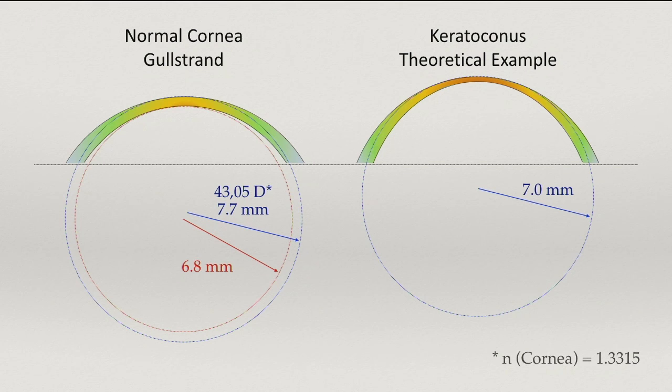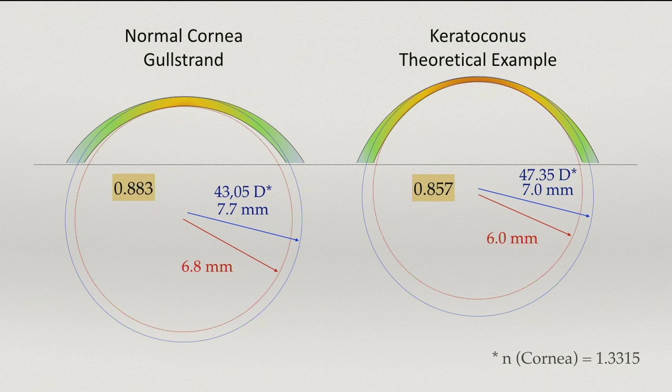In keratoconus, we have a steeper anterior surface of the cornea and an even steeper posterior one. In this theoretical example, it goes from 7 to 6. So in a normal eye, I would have a ratio of 0.883, and in a keratoconus eye, I would have a ratio of 0.857. That means that in keratoconus, the posterior surface of the cornea has a much higher influence than the anterior, but this is theoretical.